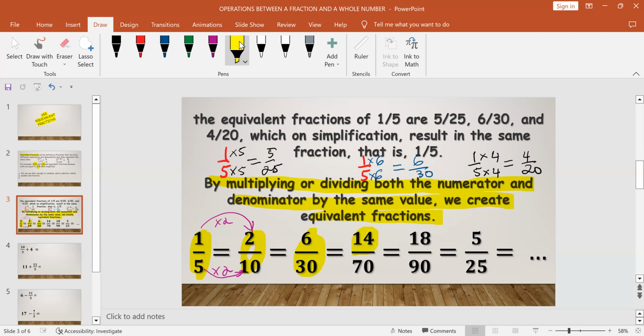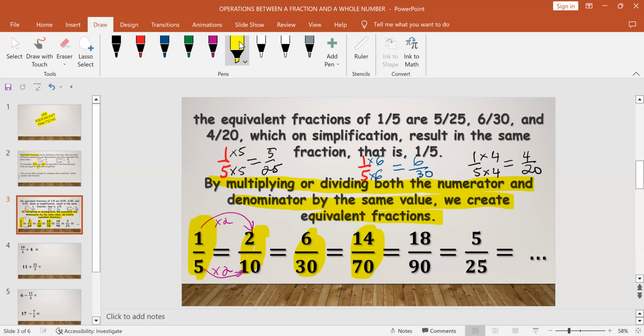We have 14 over 70, which means that if you take 1 over 5, you multiply the top, which is 1, by 14, and at the same time the denominator, which is 5, by 14, we get 14 over 70.